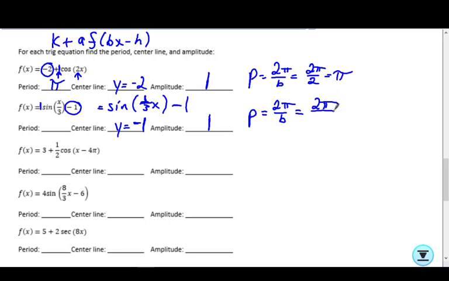So we get 2 pi over 1/3, or 6 pi, because dividing by 1/3 is the same thing as multiplying by 3. So my period is 6 pi, which means that is a horizontal stretch.